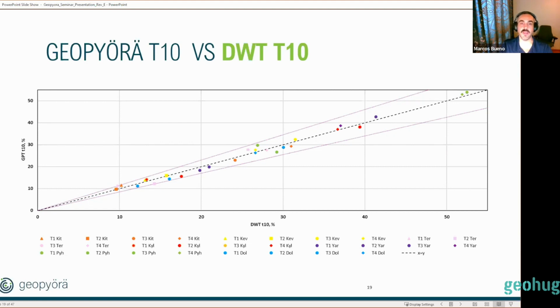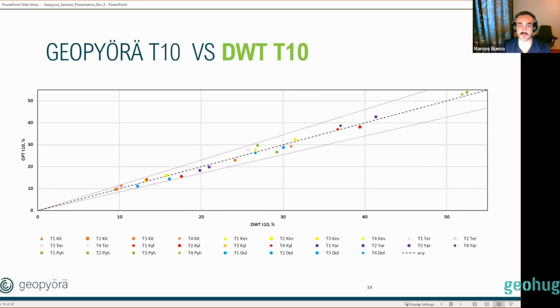So basically, the mass and height of a weight dropping onto a rock particle is adjusted to give a certain amount of nominal energy to that particle. And then we adjusted the mass and the height of that drop weight to provide the same amount of energy that was measured in the Geopyörä.